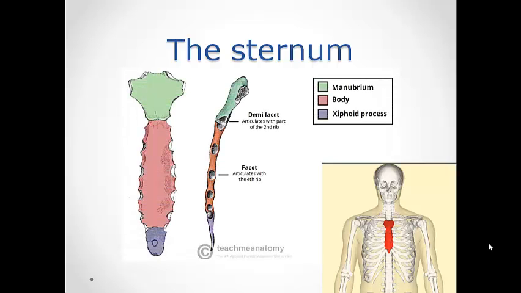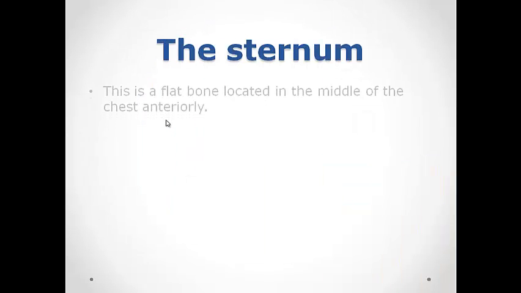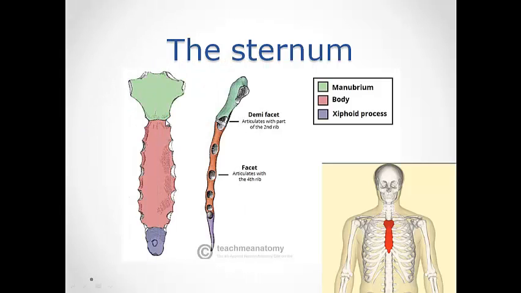And it is divided into three parts that are joined together to form one single bone. At the top here, superiorly, you have this irregular square part that is called the manubrium. Then in the middle here, you've got the largest part of the sternum, which is called the body.